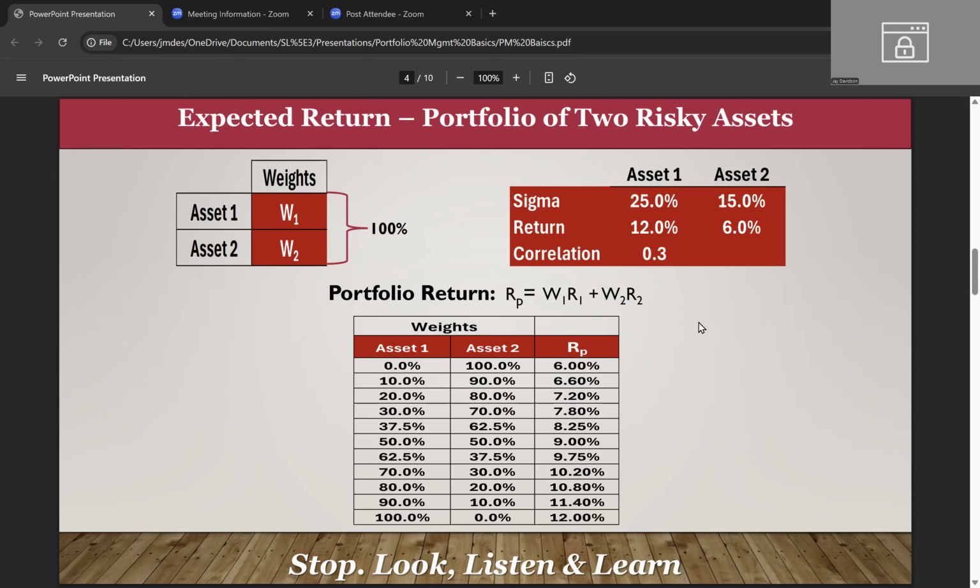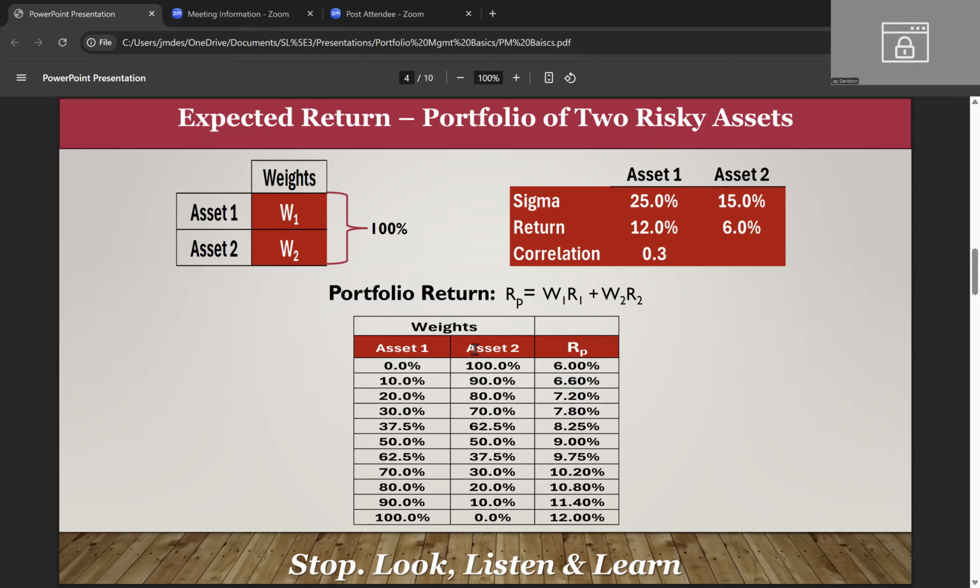Now, that's pretty simple there. So if we look at the first scenario where you invest 100% in asset one, to determine the return on the portfolio we would just simply take the weight of asset one, which in that case would be 100%, and multiply it by the return of asset one, which is 12%, and that will produce a return of 12%.